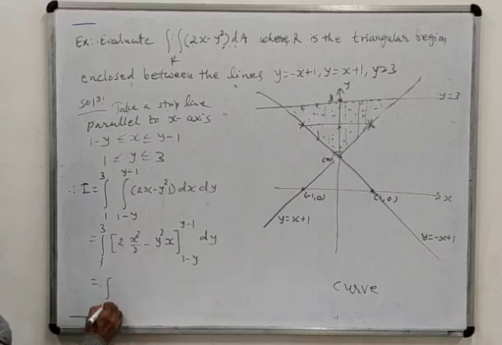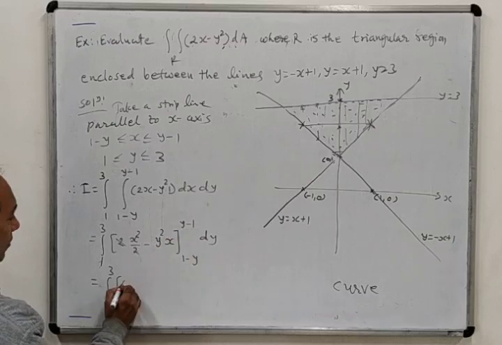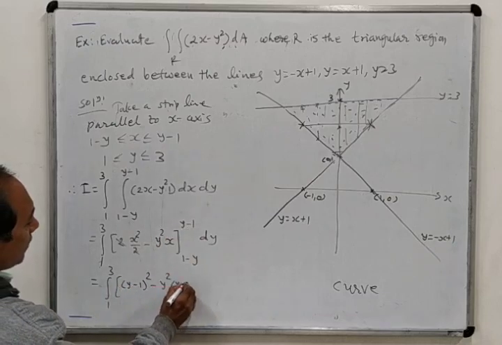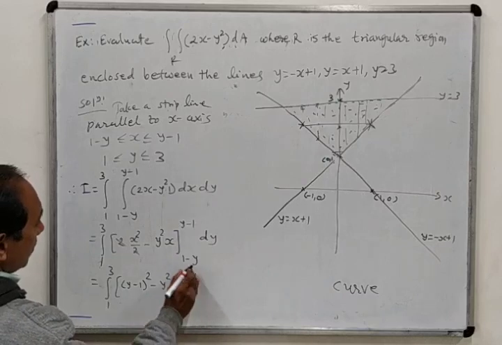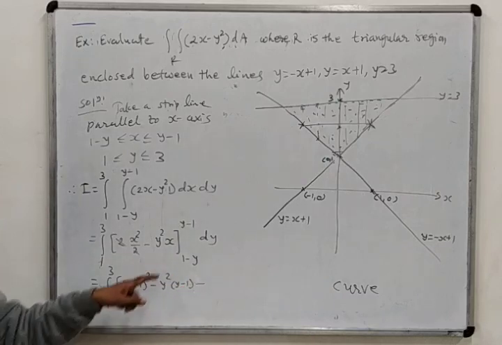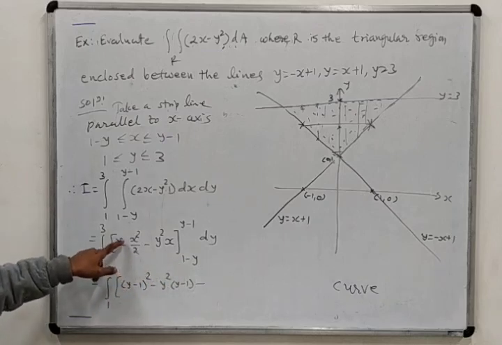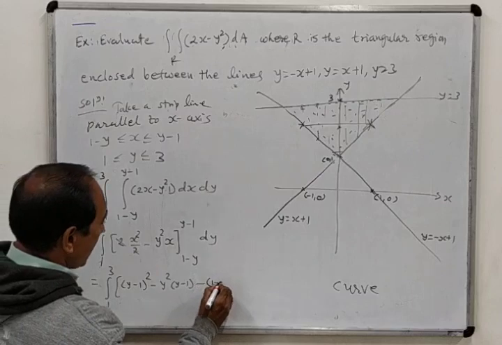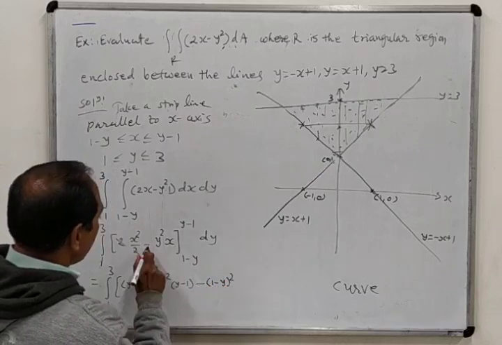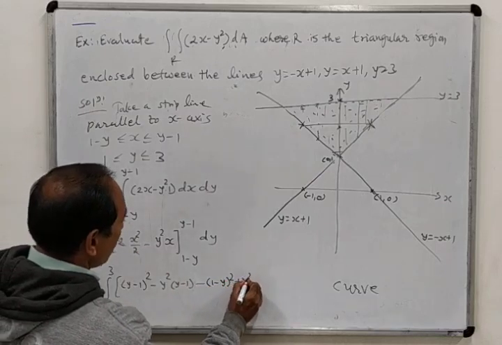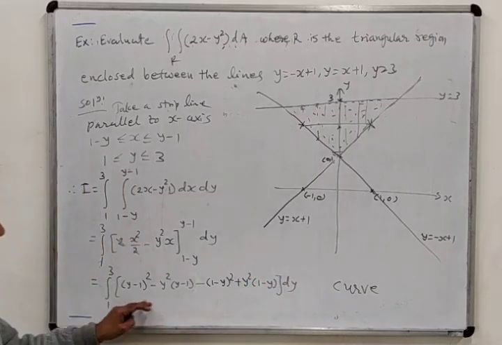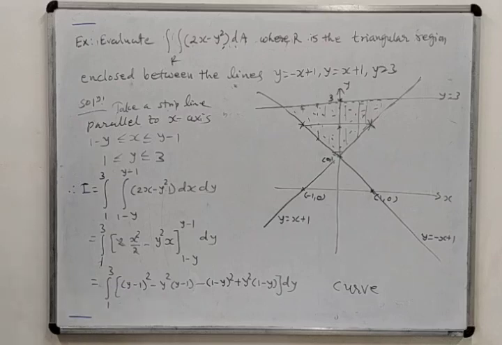So here you can write this as 1 to 3, this 2 and 2 will cancel, we put x equal to y minus 1, so y minus 1 whole square into y square into y minus 1. The lower limit still remains to put: 1 minus y we put, then minus sign, 1 minus y whole square, minus plus, so y square into 1 minus y dy. Then you can factorize it and integrate.